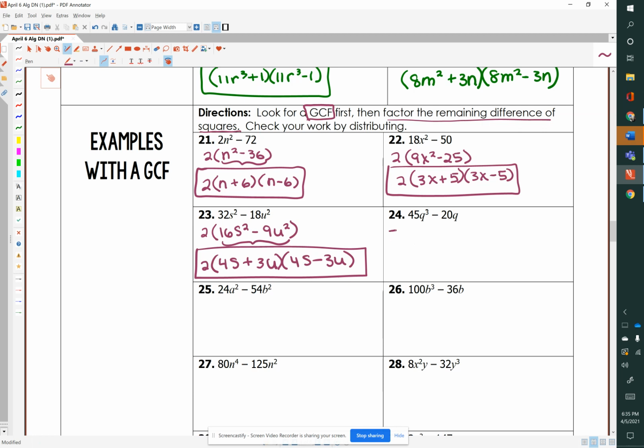So we're going to factor out a 5 and a q, because it won't be a difference of squares unless we do that. So this would be 9q squared, which is what we want, minus 4, because the q has already been factored out. And now we have a difference of squares, so 5q times 3q plus 2, 3q minus 2.